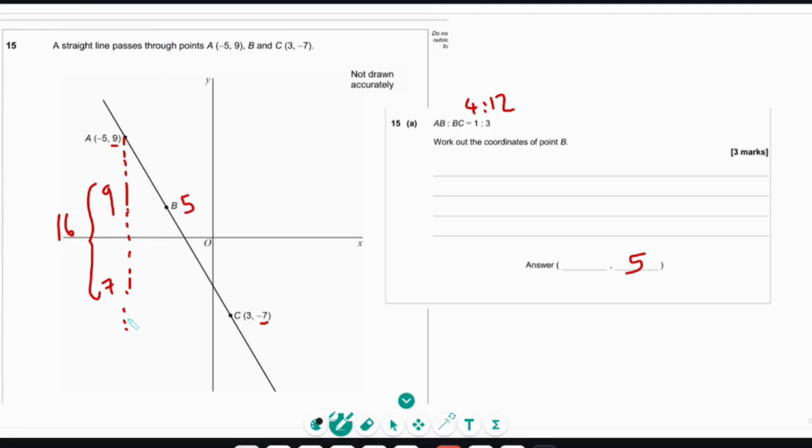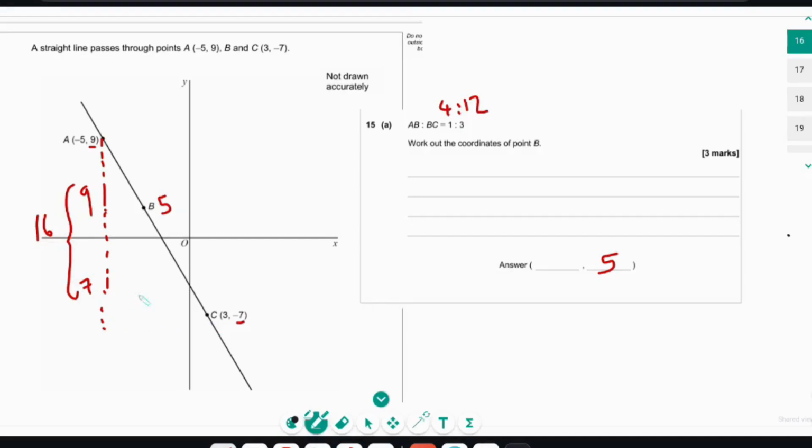So again, the distance from B to C is 3 times the distance from A to B. If we look at our horizontal distance, B to C is 3 times A to B. The x coordinate of A is -5, so -5 to the y-axis is 5, and from 0 to 3 gives us a total of 8.